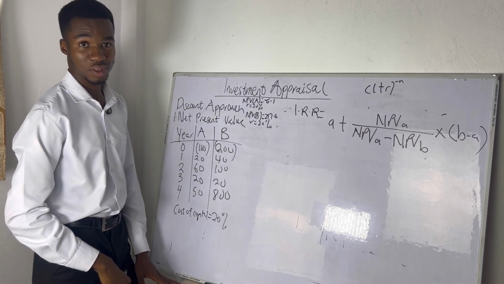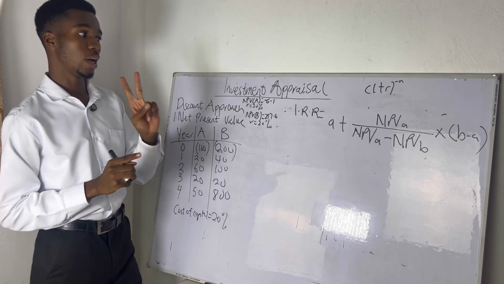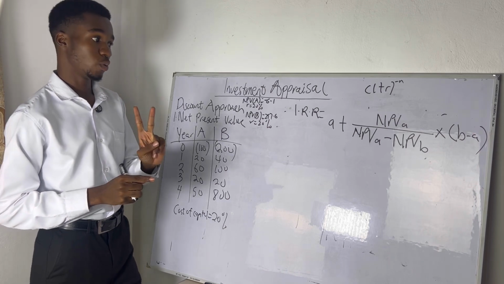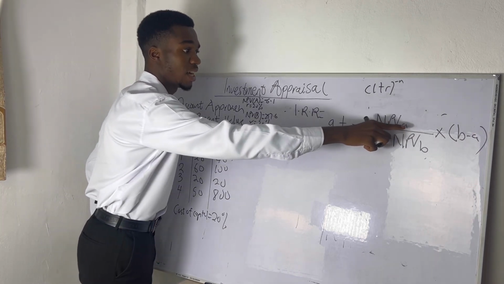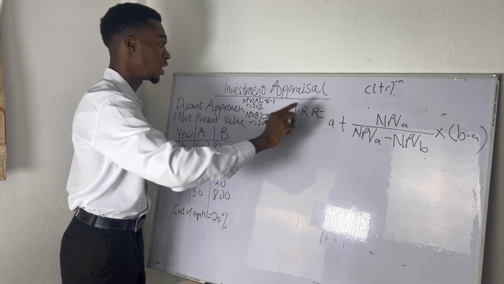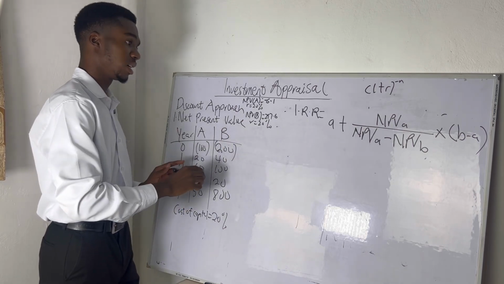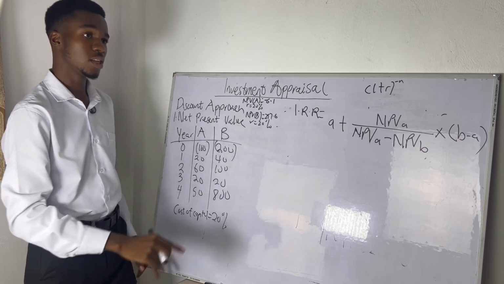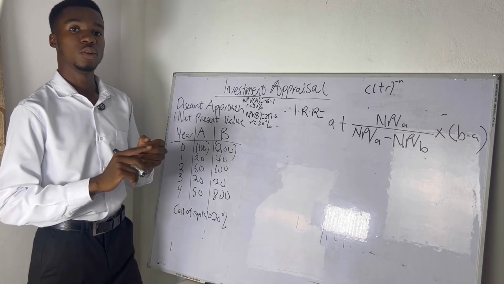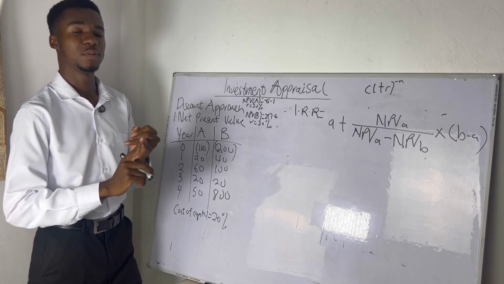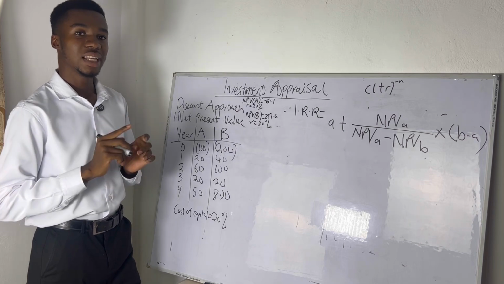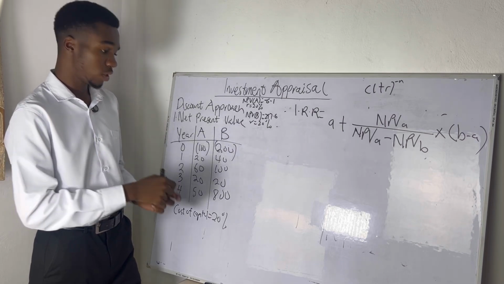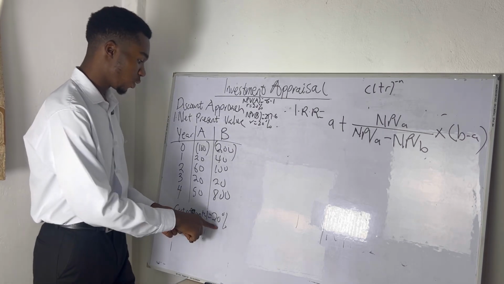To find the IRR, we'll need two NPVs. This is just the formula for one investment. Assume you are calculating for investment A or any investment: we need an NPV that will be positive and an NPV that will be negative. When you solve for the first one, they give you the cost of capital.